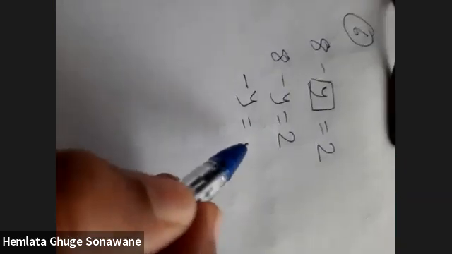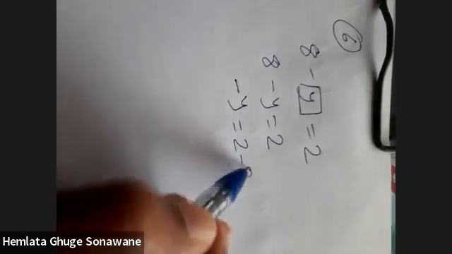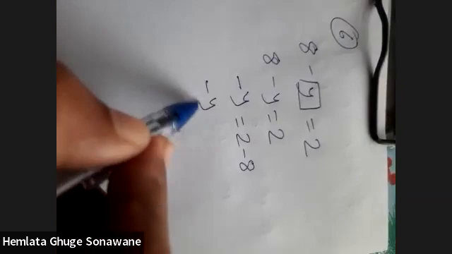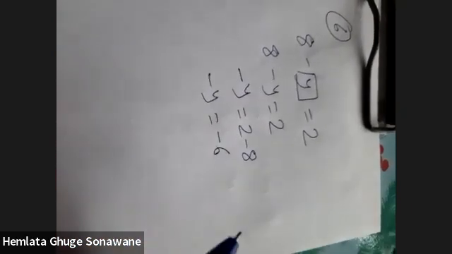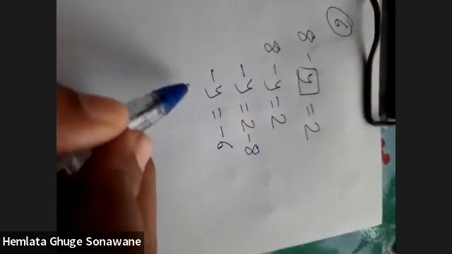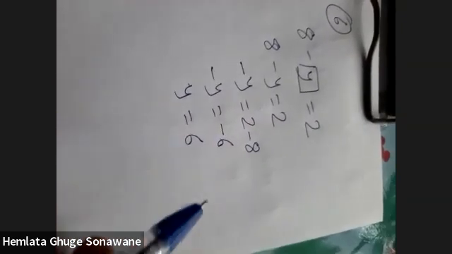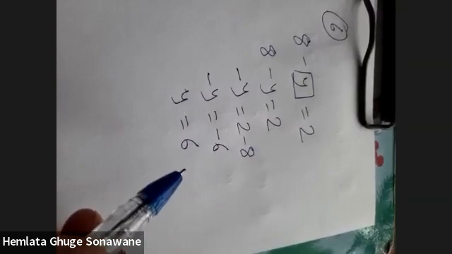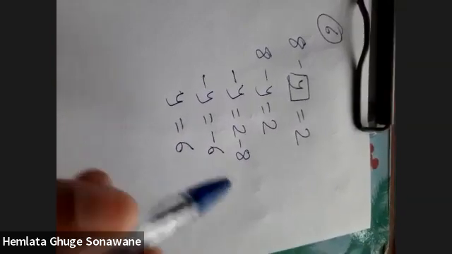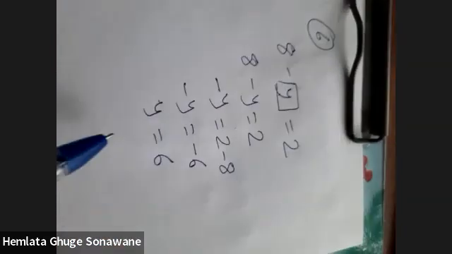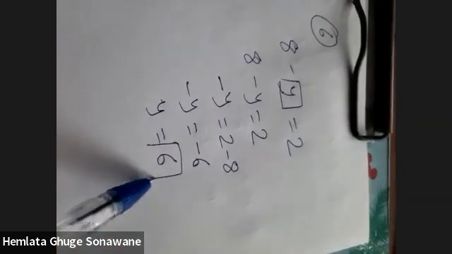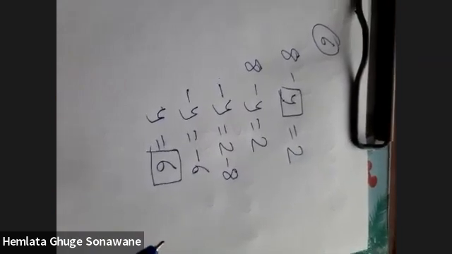Minus y is equal to 2 minus 8. Minus y is equal to 2 minus 8, which is minus 6. Okay, this we can simplify as plus y is equal to plus 6. Okay, so in the first box given in your textbook, you can write down y here, and in the second box y is equal to 6.